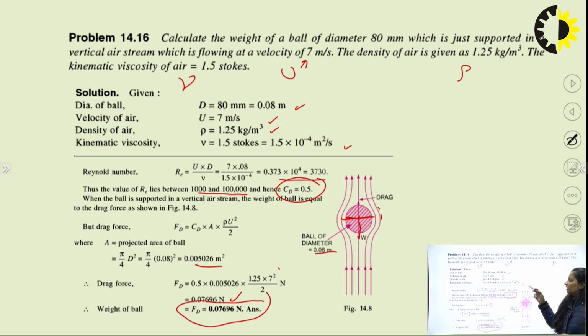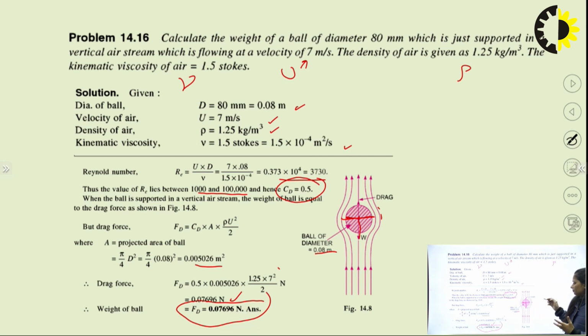So when the given parameters revolve around density, viscosity, air pressure and air velocity, you can click, and obviously this is very simple. A numerical in which they are asking for the weight of the ball.